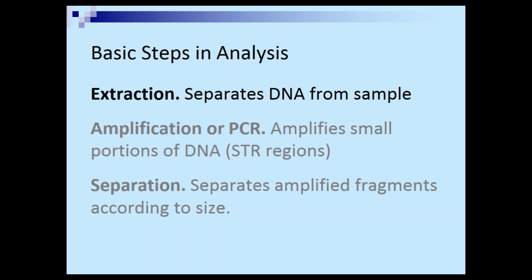Okay. But at the end of the extraction, what we have is a tube about the size of your thumb, and it just looks like it has water in it. Okay, the DNA at this point is not in solid form, it's dissolved in water. Okay, you take a little bit of that and squirt it into another tube and go on to the amplification step. All right, it's important to understand with the DNA extraction, you're extracting all of the DNA in the cell.